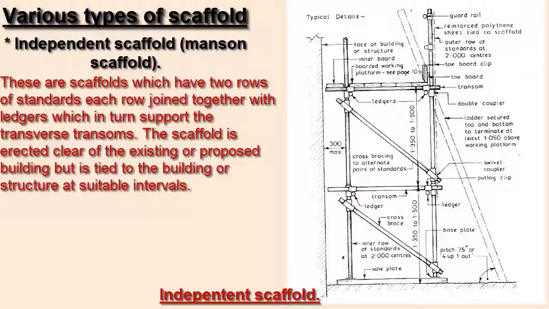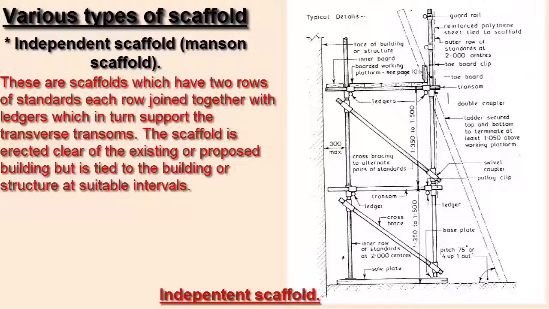That is why it is called independent scaffold, because it is not solely relying on the wall like the dependent scaffold. It is distant from the wall, it's on its own, standing on two rows, without needing more support from the wall like the dependent scaffold requires.